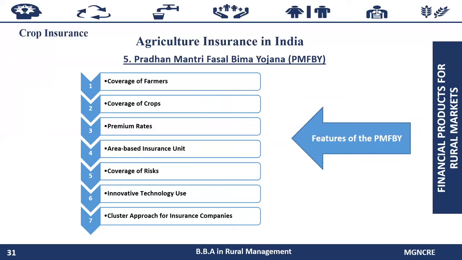The features followed in this scheme were coverage of farmers, crops, premium rates, area-based insurance unit, coverage of risks, innovative use of technology, then the cluster approach, like a small area approach, with insurance companies taking care of small areas.